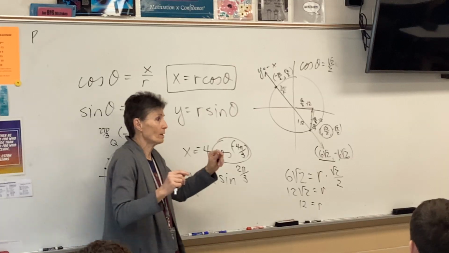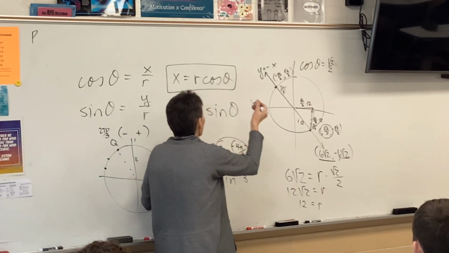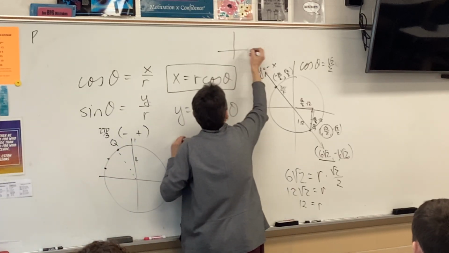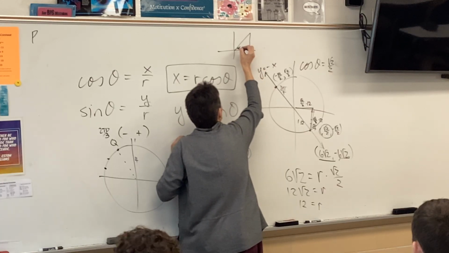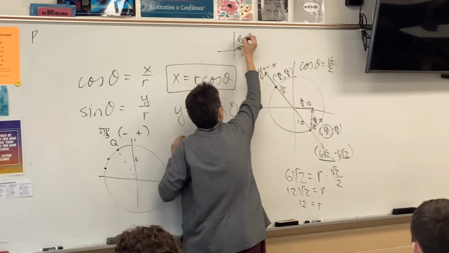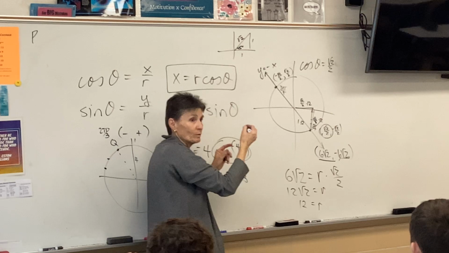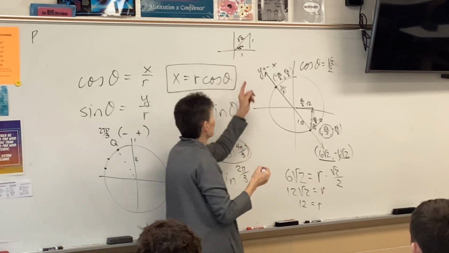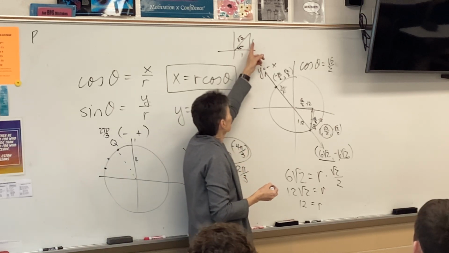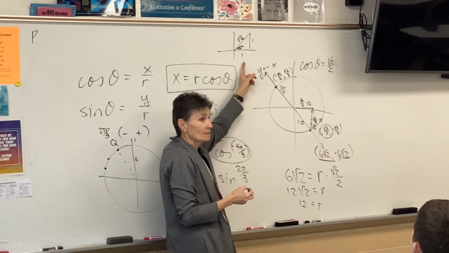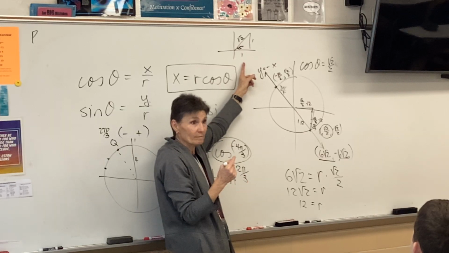That's an important point. If I have a 45-degree angle, in geometry, I memorized that 1, 1, root 2. So the ratio of opposite to adjacent, tangent, is 1 to 1.